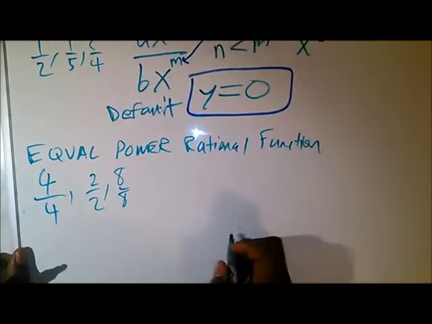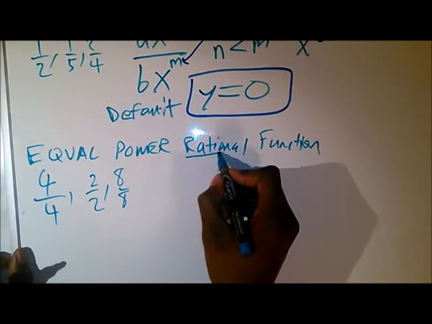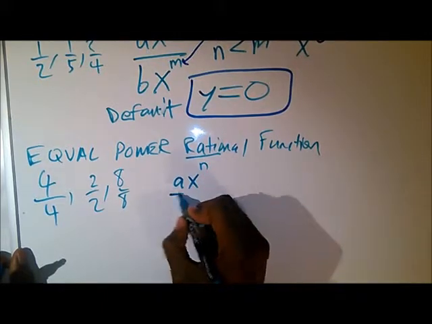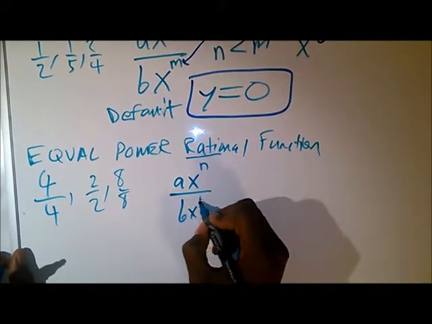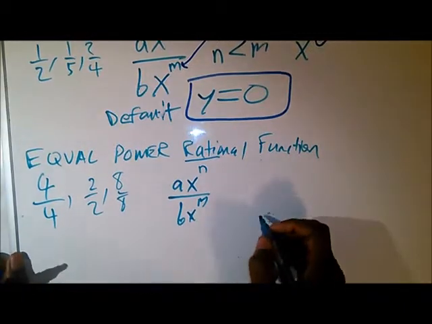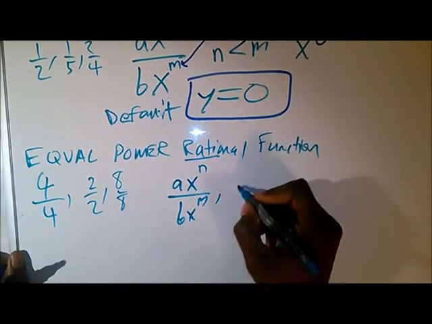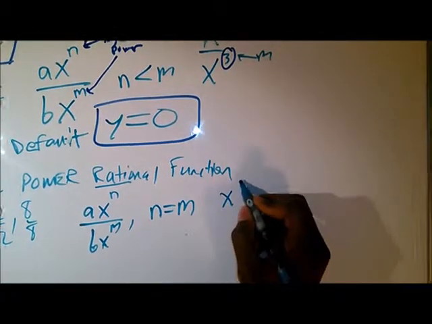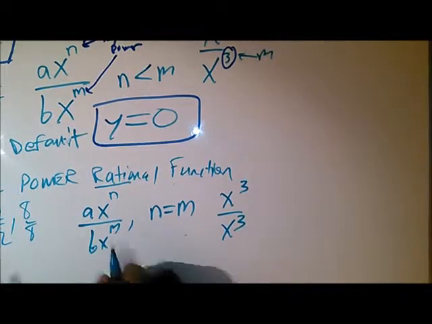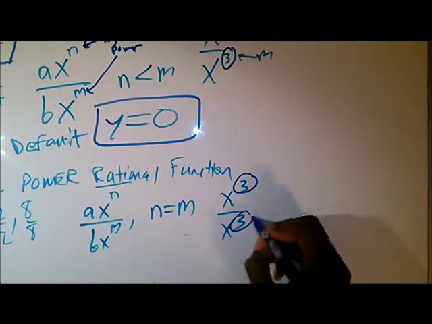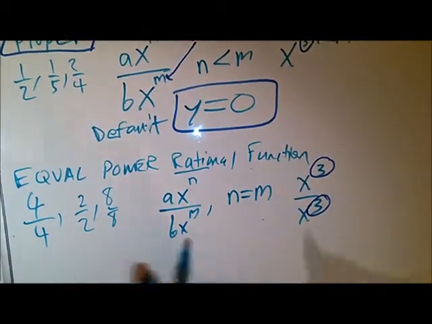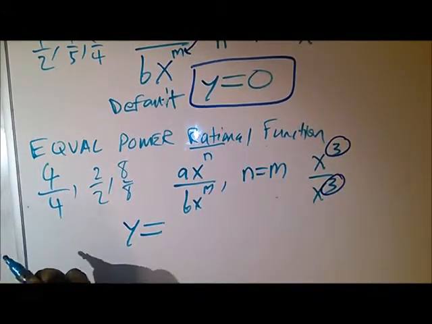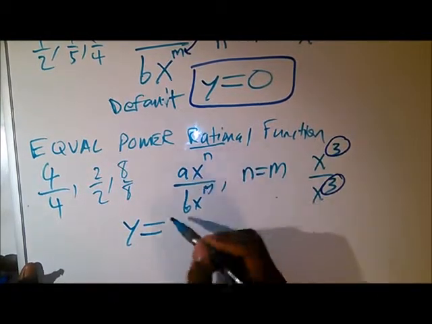And so the equal power rational function is ax to the, again, I'll call this n power, over bx to the m power, right? So in this case, n is going to be equal to m. For example, you have x to the 3rd power over x to the 3rd power, right? So the powers are equal. And if you have this case, then y will be equal to the coefficients, a and b.